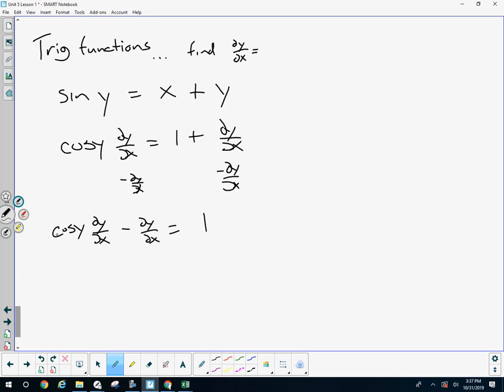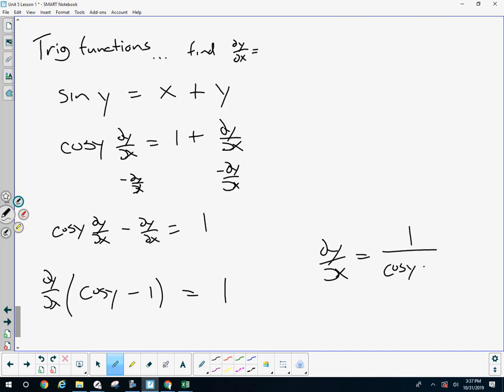If you're thinking factor out the dy/dx, you're right. There we go. Divide.